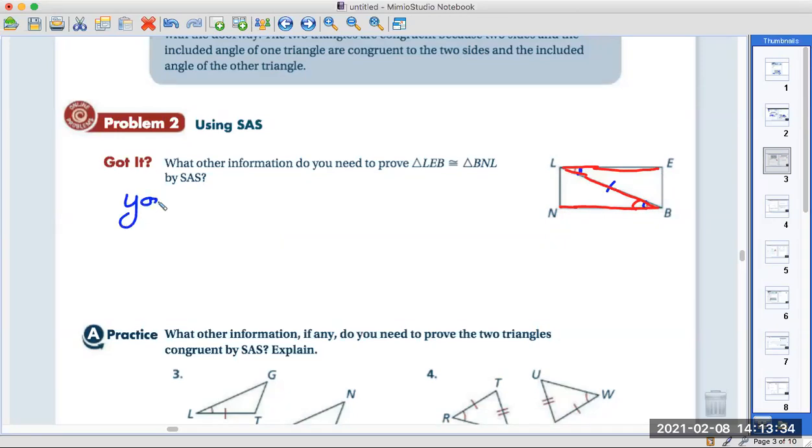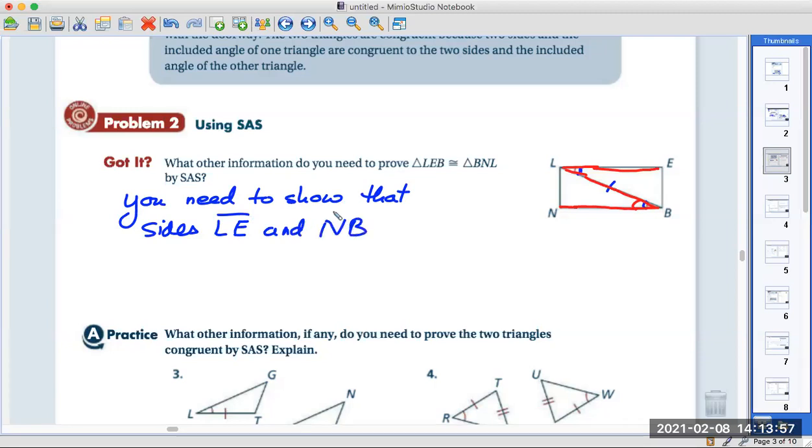So we're going to write that you need to show somehow, you don't know it, that sides LE and NB are congruent. But there's no indication that those sides are congruent.